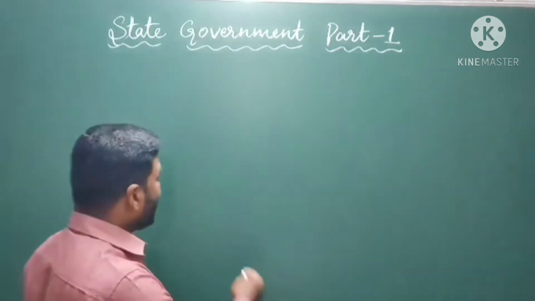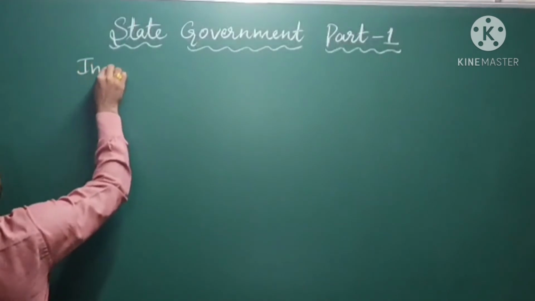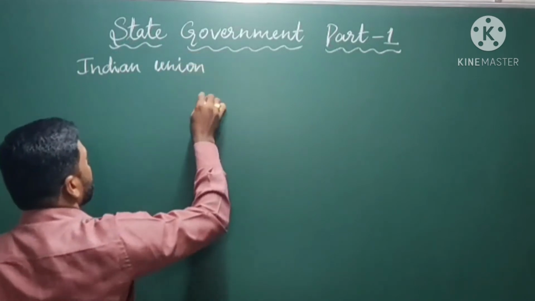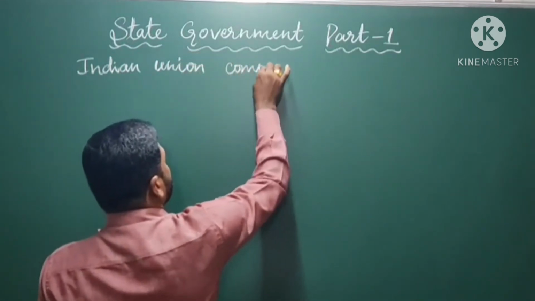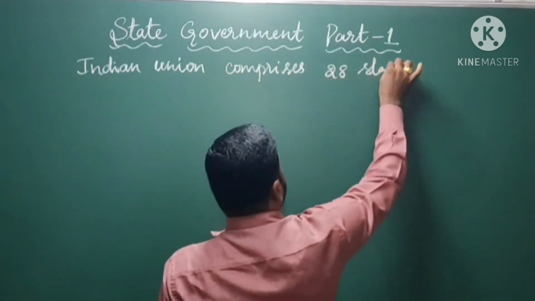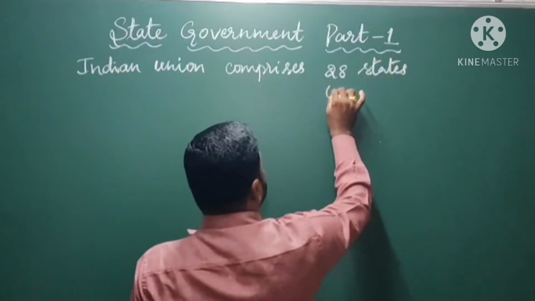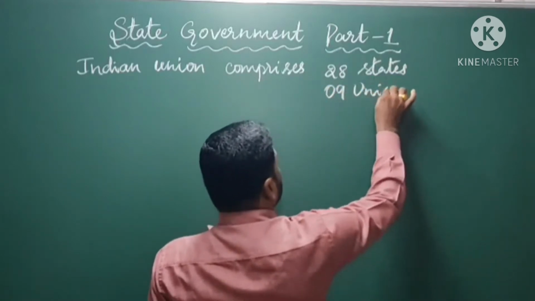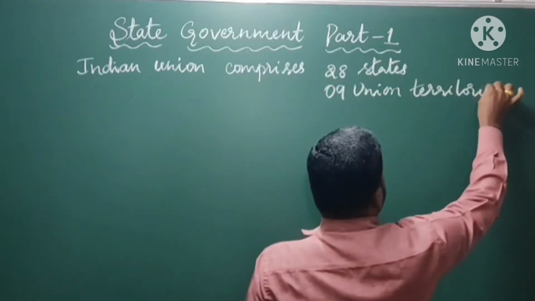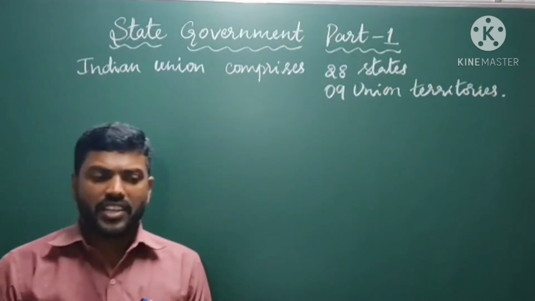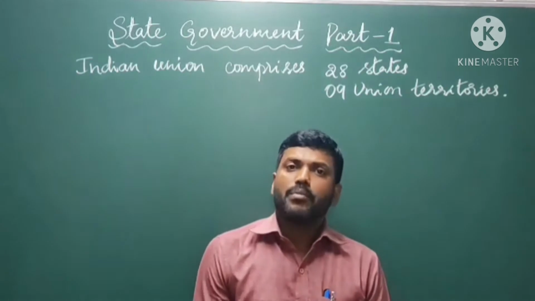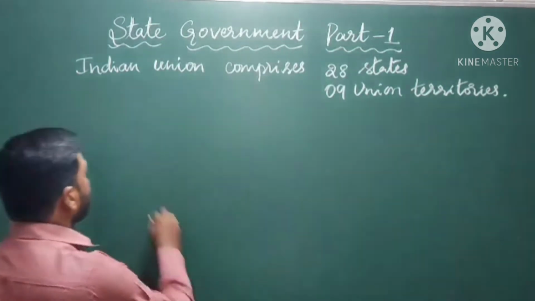The Union of India comprises how many states? 28 states and 9 union territories. And state governments follow the same model as the central government.